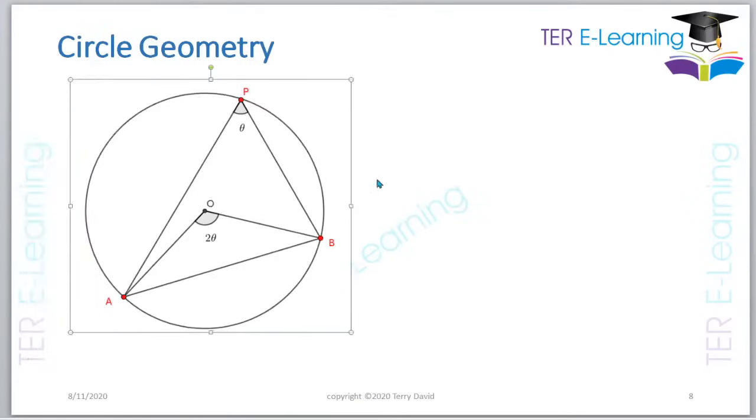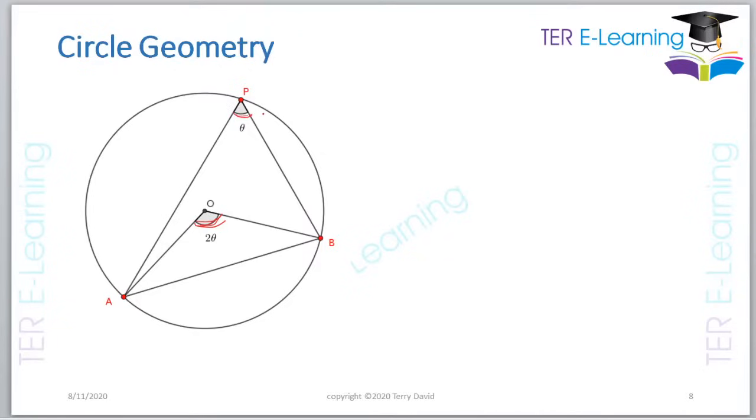So that rule was this. This is what I said last week. I said that the angle at the center, which is this angle here, is twice the angle at the circumference. That's the rule for this one. So this line AB here is what we call a chord. If we form an angle at the center, we form a triangle here.